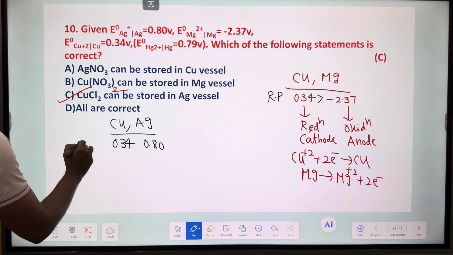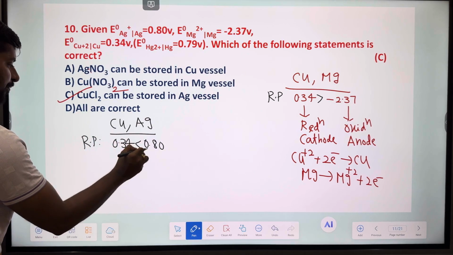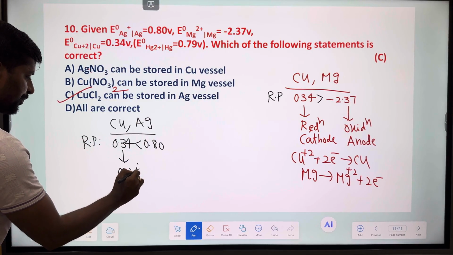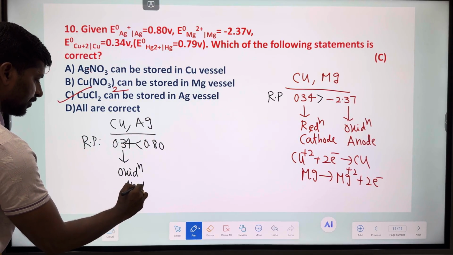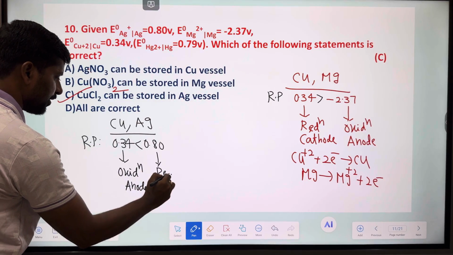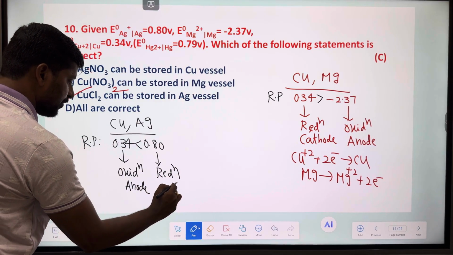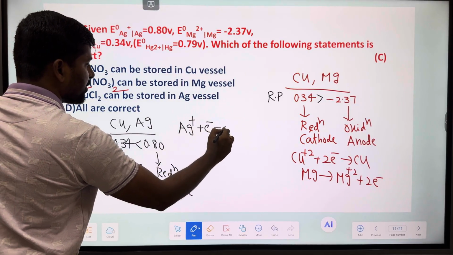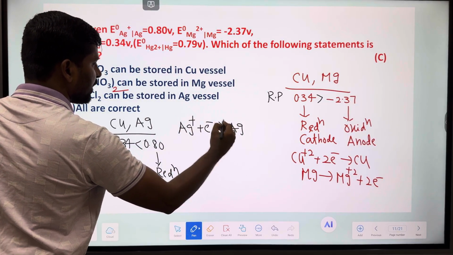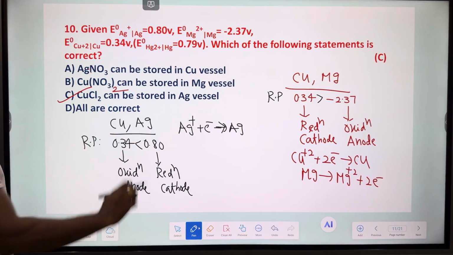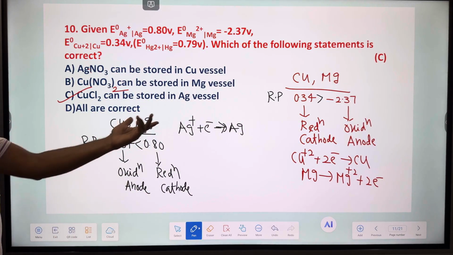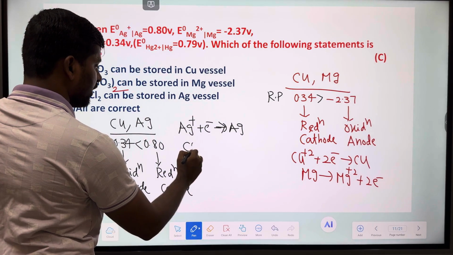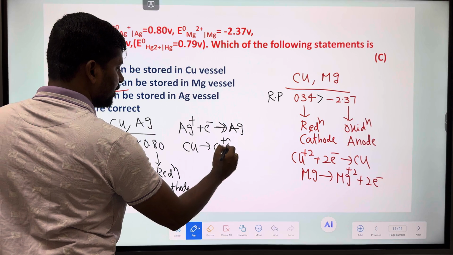Copper undergoes oxidation, the anode. Silver undergoes reduction, the cathode: Ag plus plus electrons gives Ag. But here Ag plus ions are not available, so this reaction cannot occur.